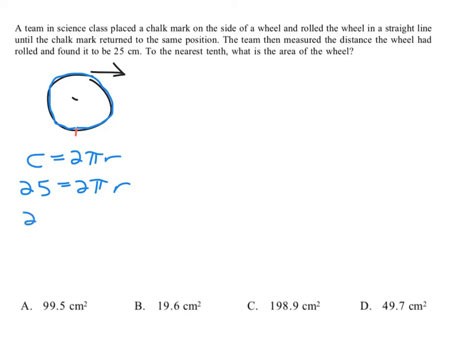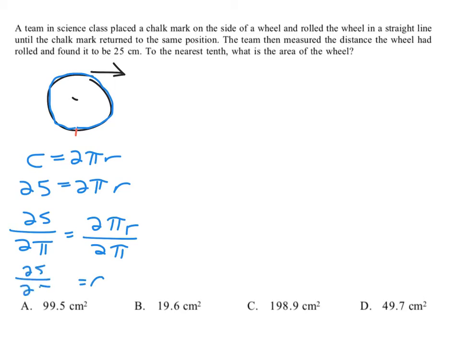So we say 25 divided by 2 pi equals 2 pi r divided by 2 pi. So then r equals essentially 25 divided by 2 pi. And I'm going to keep it in terms of that right now, okay? I'm going to keep it like that.